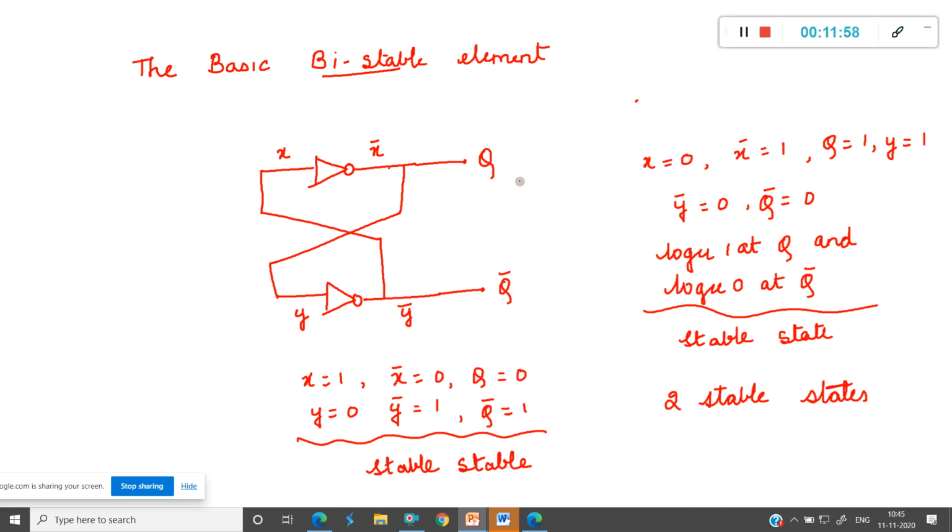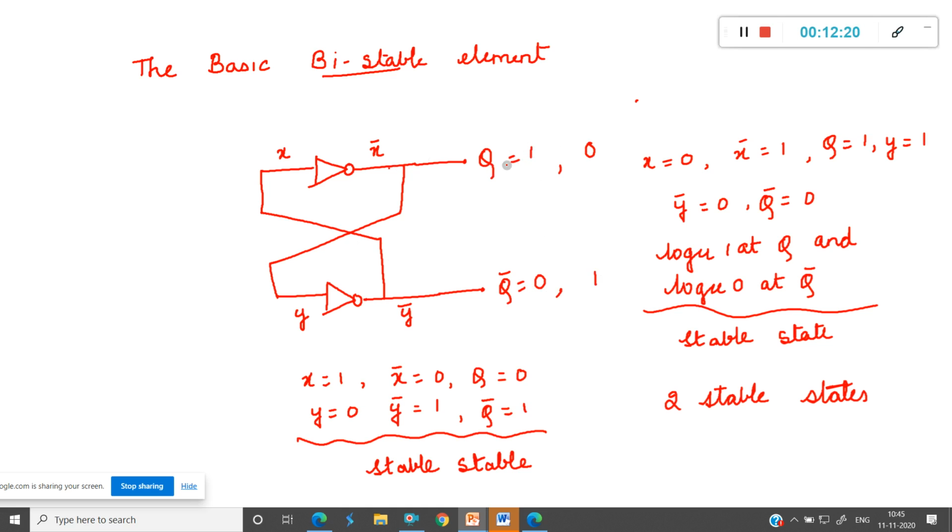If Q is 0, Q bar will be 1. So these are the two stable states preserved in this basic bistable element.